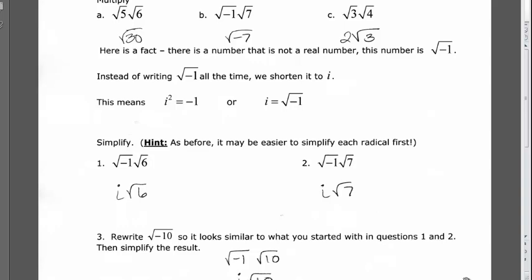So this is the complex number section, and hopefully you've done the first few problems here, and we just multiply like normal. The square root of negative numbers, like square root of -7, we said was not a real number. And so at some point, they used to call them imaginary numbers, and some places still do, but there's also another name called complex numbers.